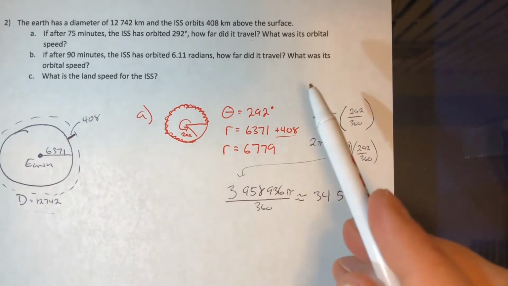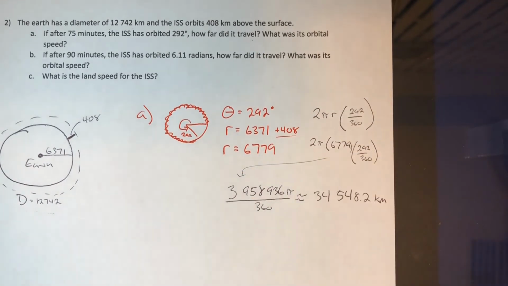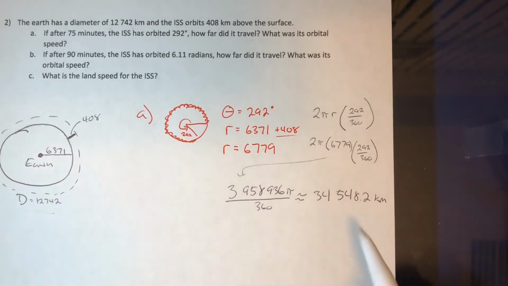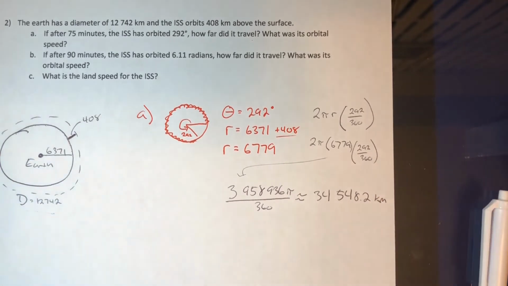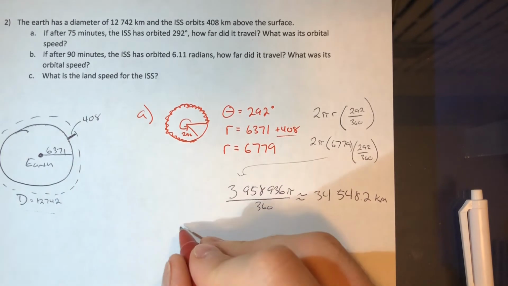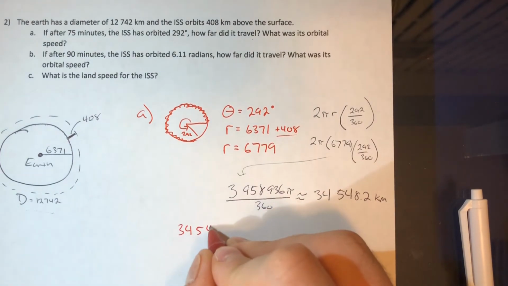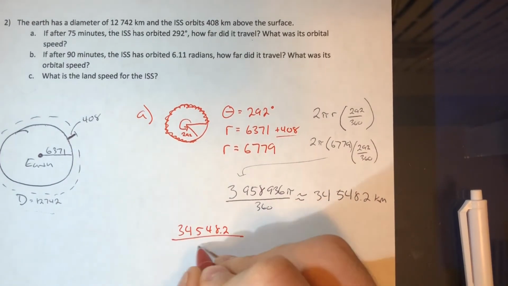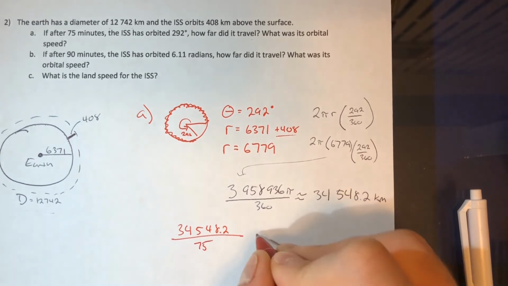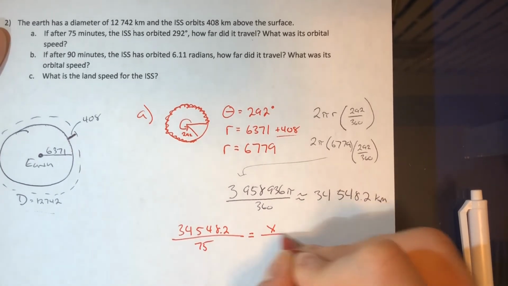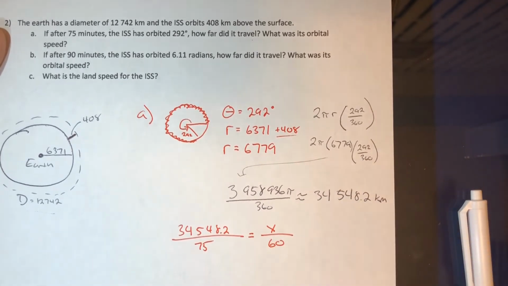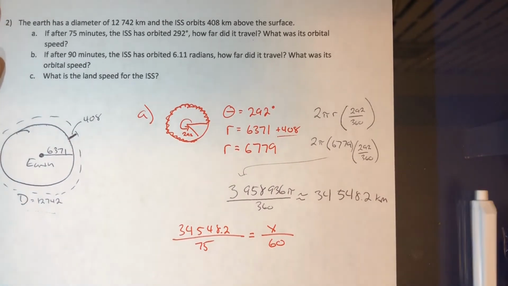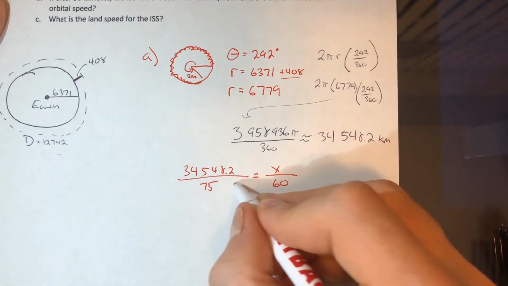And the second part of the question was it wants to know, what is its orbital speed? Well, that's a pretty easy setup to do. Basically, what we're going to do is we're going to say, hey, if it traveled 34,548.2 kilometers in 75 minutes, well, what would that speed be in 60 minutes? So kilometers per hour. And we just solve that. So let's see what we'll get.